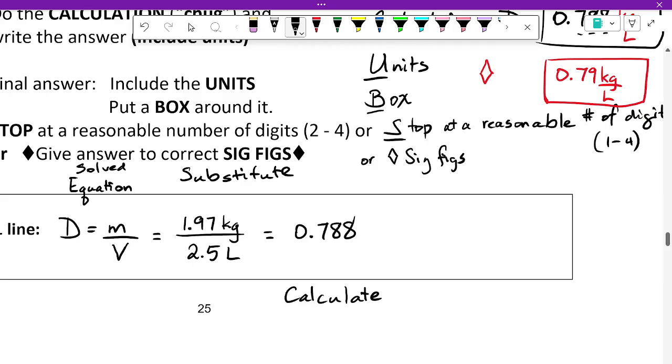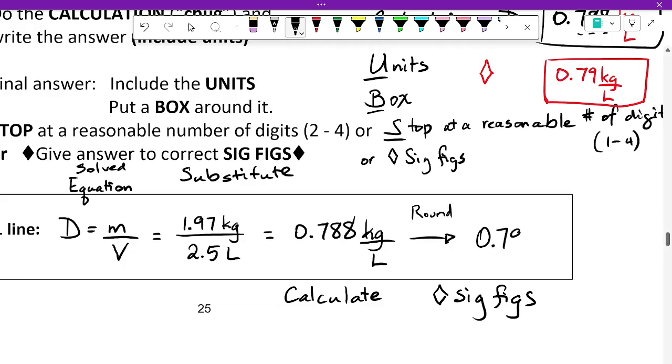0.788 kilograms per liter. And then let's assume that I want to do sig figs. Because I'm rounding, it's not really equal. Usually I will just put an arrow because I'm rounding. And that's going to become 0.79 kilograms per liter, and then I would box that.